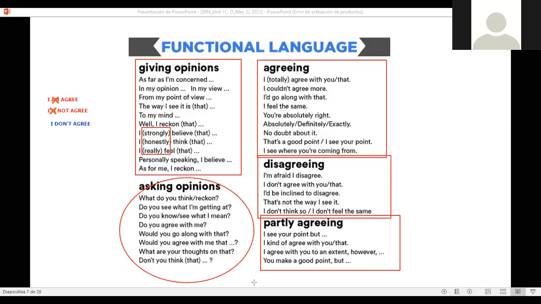Do you agree with me? ¿Estás de acuerdo conmigo? Do you think that? ¿Crees que? Y empezamos a introducir pues el tema. So these are some of the phrases we can use in order to give opinions or maybe to respond to opinions.